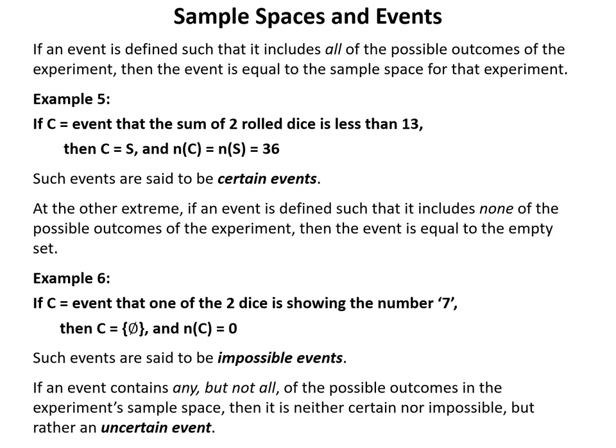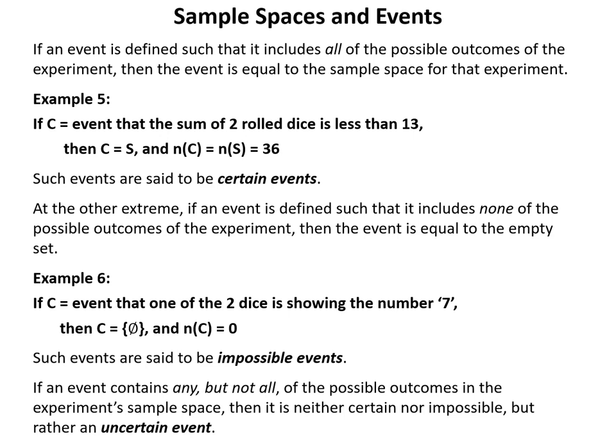So in example 5, if we define C as the event that the sum of 2 rolled dice is less than 13, then since you can never get more than 12 when you roll 2 dice, all of the possible sums would be less than 13. So the set C is actually equal to the sample space here. And so N(C) will equal N(S), which equals 36.